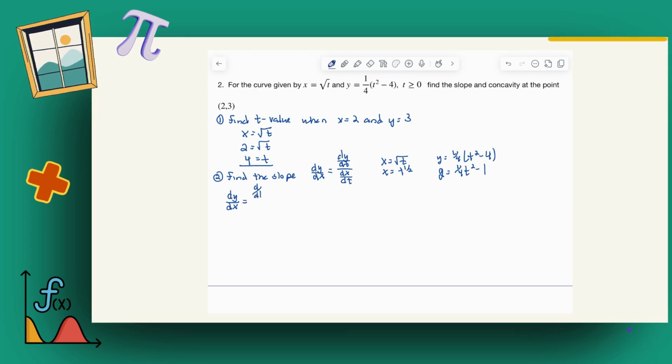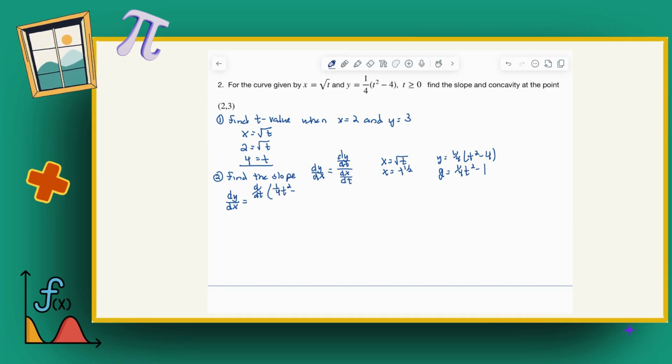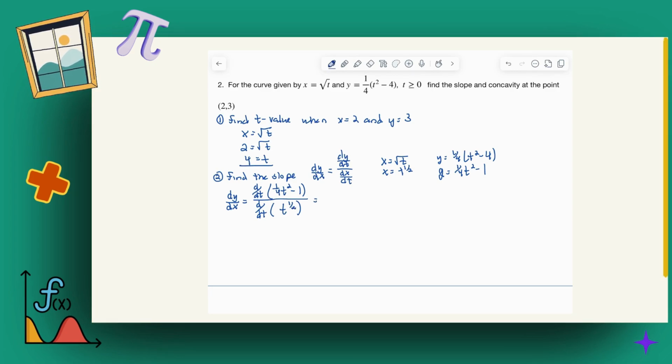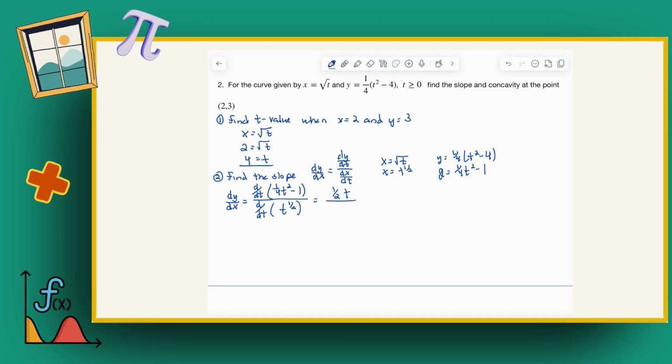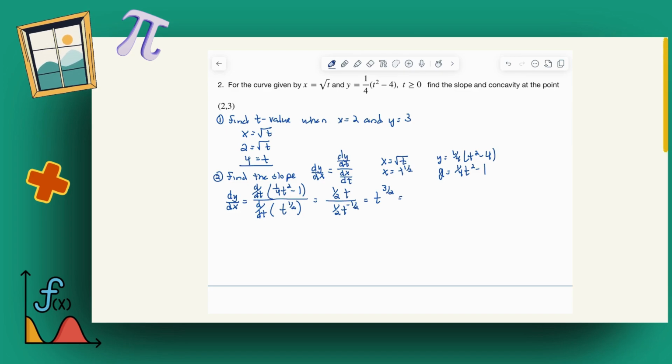That's going to be equal to the derivative with respect to t of our y function, which is 1/4 t squared minus 1, divided by the derivative with respect to t of t to the 1/2. So let's differentiate that numerator, and that would give us 1/2 t, and differentiating the denominator gives us 1/2 t to the negative 1/2. All right, let's simplify this down, and we end up that dy dx is equal to t to the 3/2. Converting that back into radical form, that'll be equal to the square root of t cubed.